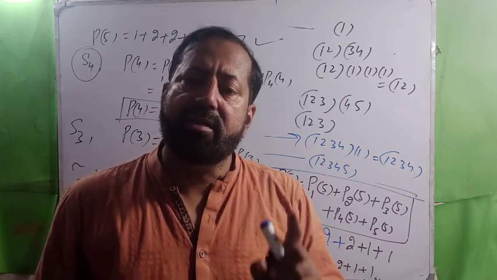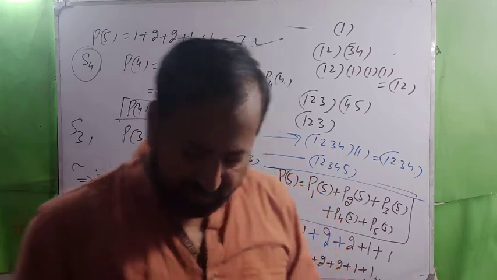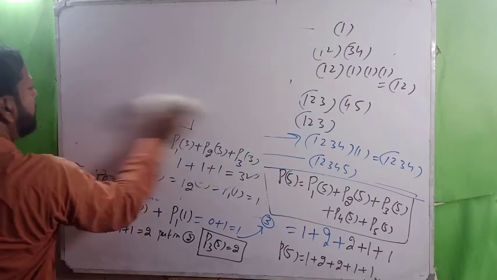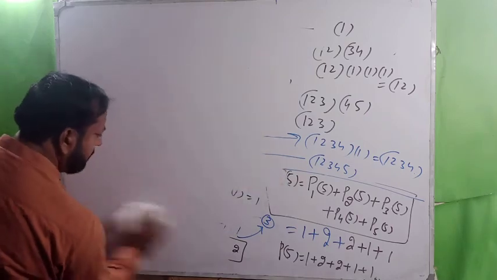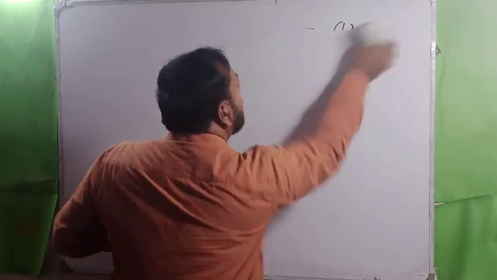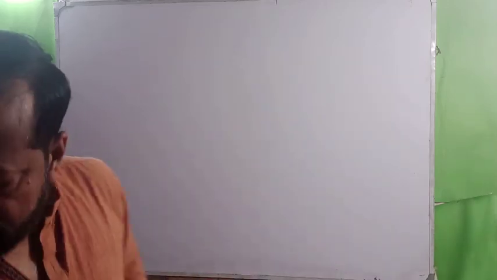Now we can find the order of every conjugacy class. Before this, I will write a formula first. So to find the number of conjugacy classes, we have a formula.